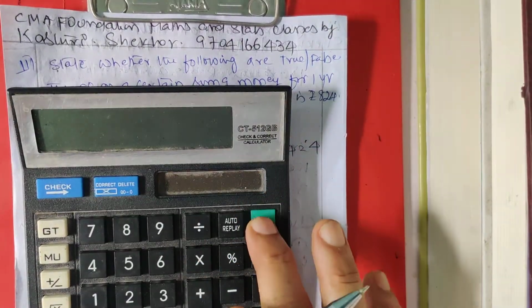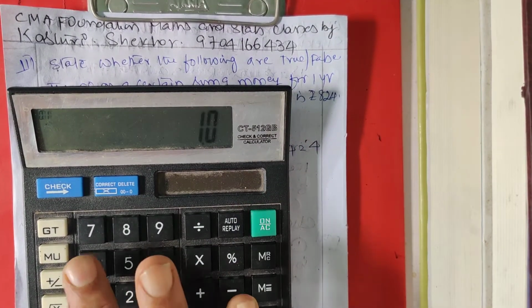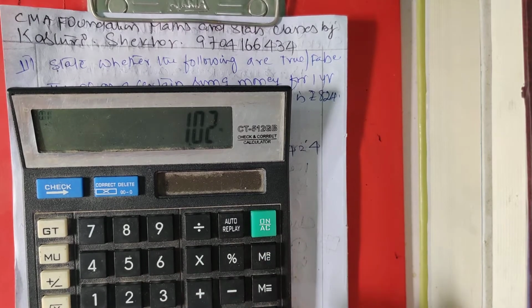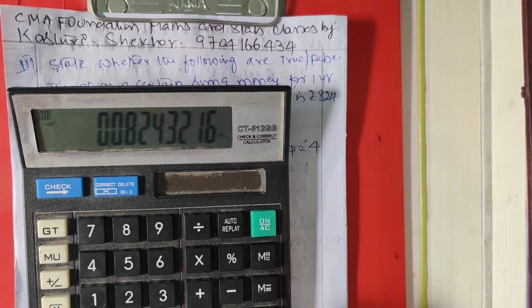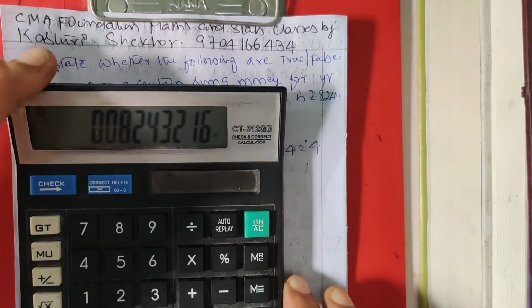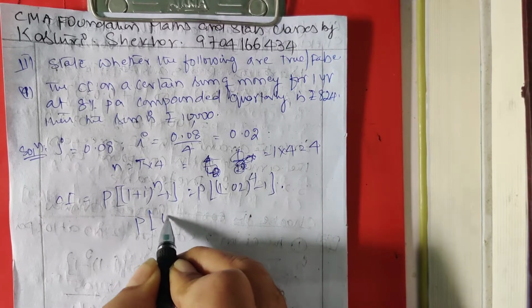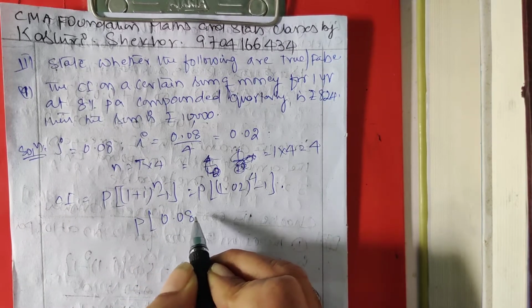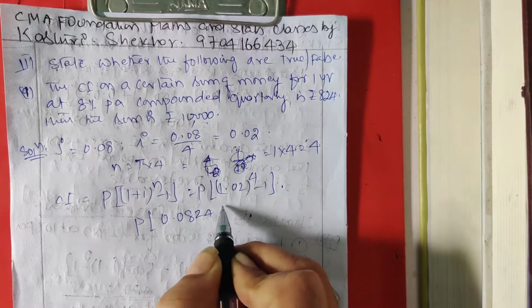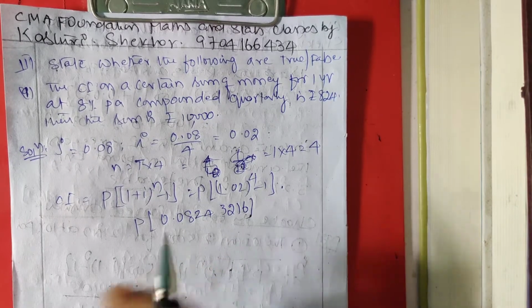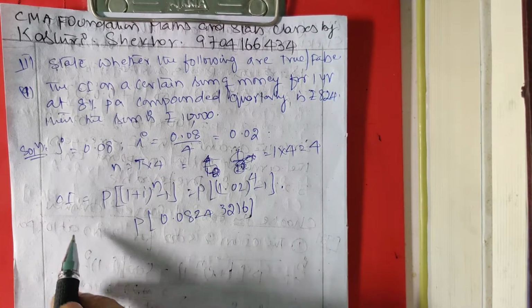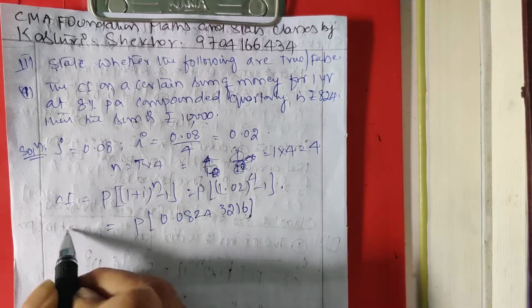Let us use the calculator, sir. 1.02 to the power 4 minus 1 gives 0.08243216. Principal into 0.08243216 is equal to 824.